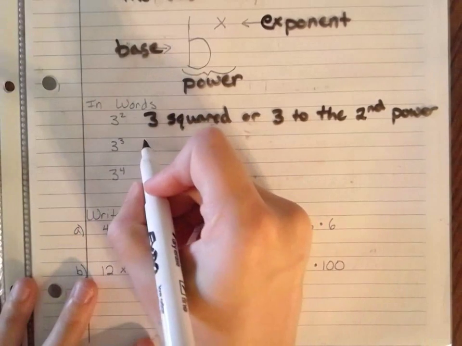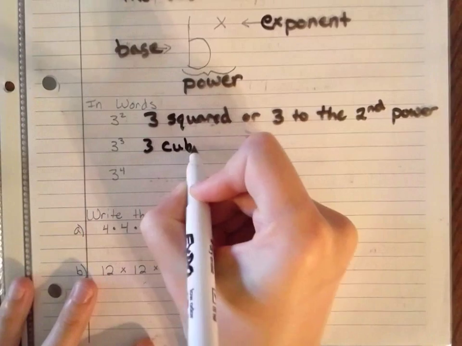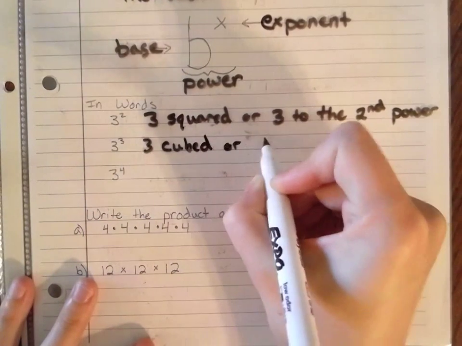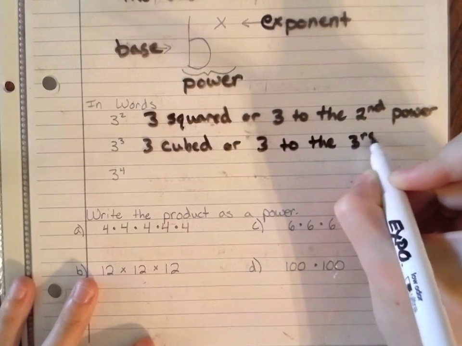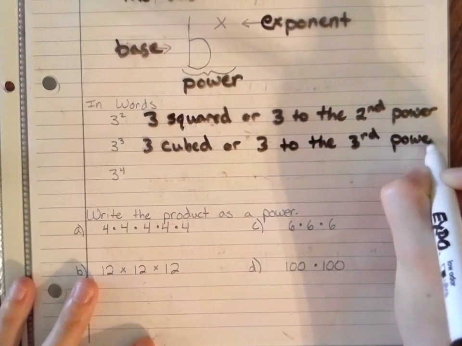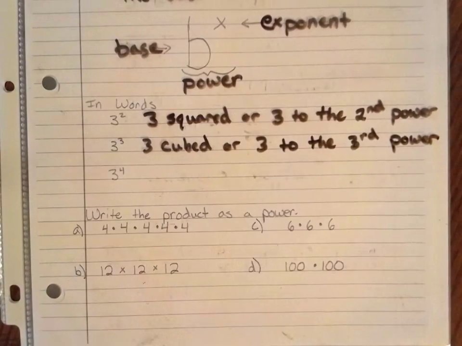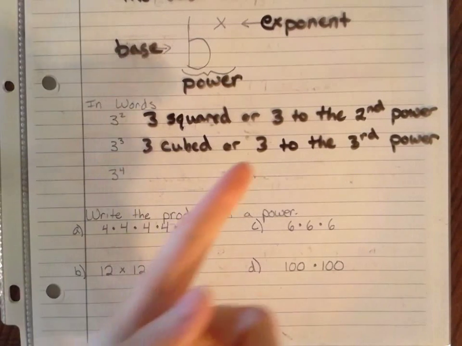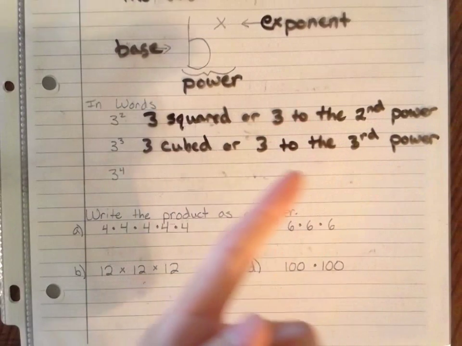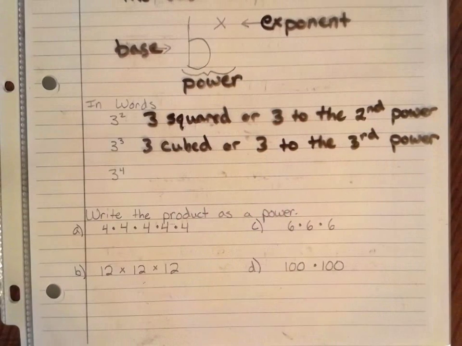The next one, we can call this 3 cubed, or 3 to the 3rd power. So anytime you see an exponent of 2 or an exponent of 3, they have special names, squared and cubed. Otherwise, you can just call them how you see it, 3 to the 2nd power, 3 to the 3rd power.